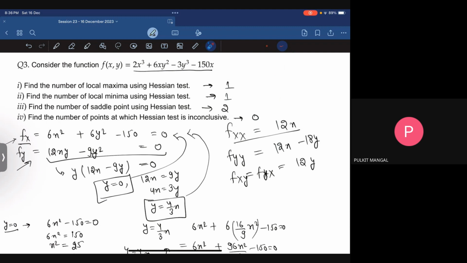In that it may happen that the mixed partial derivatives are not equal. But mostly we will be dealing with functions in which the mixed partial derivatives are equal, especially if it is asking you to find local maxima and minima using the Hessian test, because in the Hessian test we always assume that the mixed partial derivatives exist and they are equal.